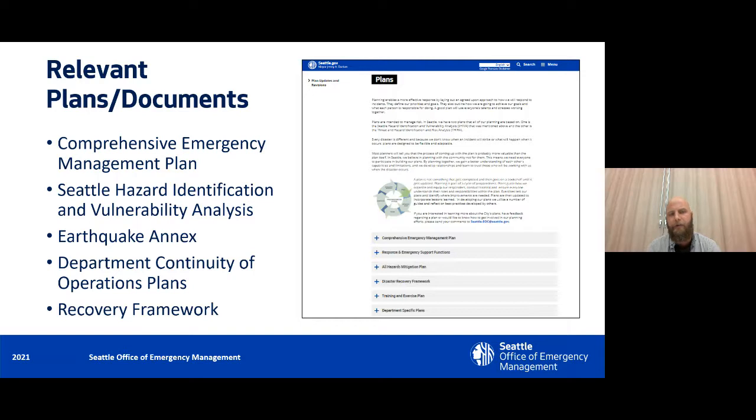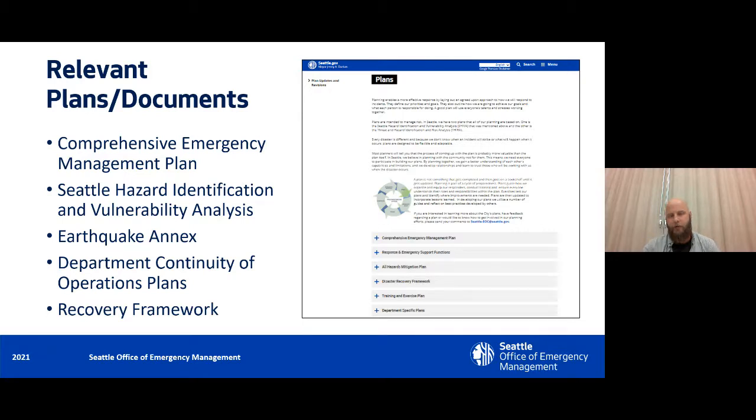And then the last thing I reference is the recovery framework. I'll mention this at the end here, and we'll talk about it a couple of times, but it really looks at how we recover. Outside of this response phase, there's going to be a lot of work in recovering, especially from a catastrophic earthquake. If you look at incidents like Hurricane Katrina in 2005, there's still recovery work going on in New Orleans.